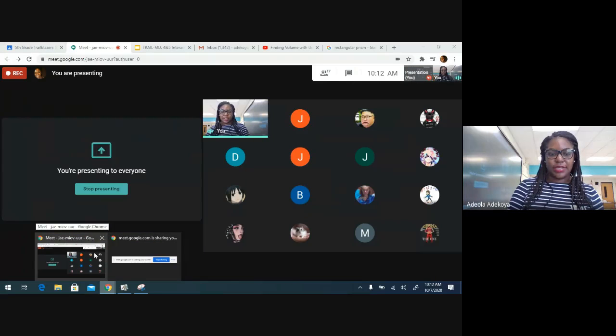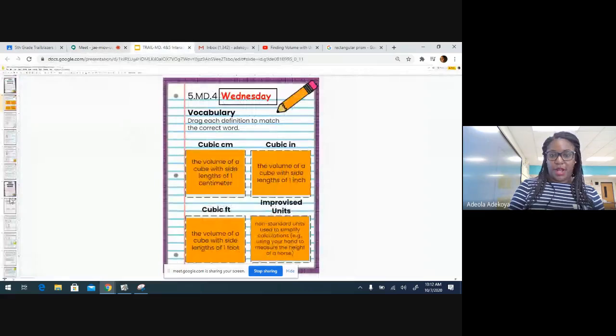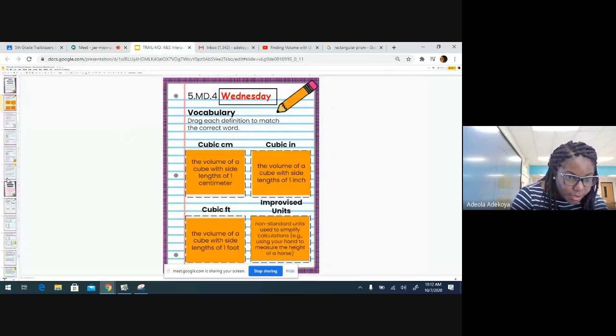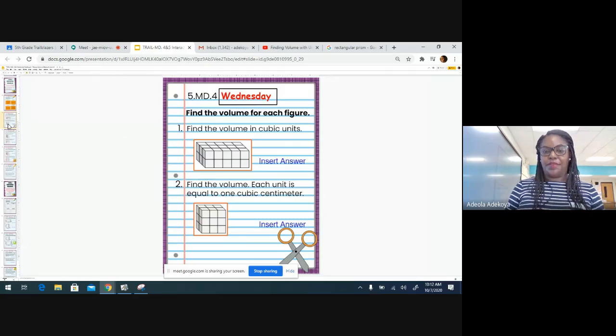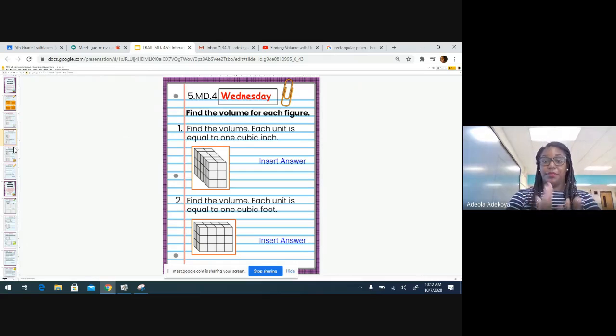All right, as a class today and in Google Classroom, we've got our vocabulary to work on, as well as a number of volumes that we need to find. The first one right here is exactly what I modeled for us as a class, and we've got more to work on as well. Remember that I inserted my formula first before solving, and I do that all the time just to make sure that I am plugging in the numbers and doing it correctly.